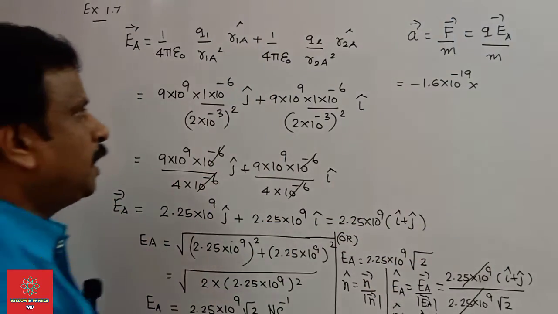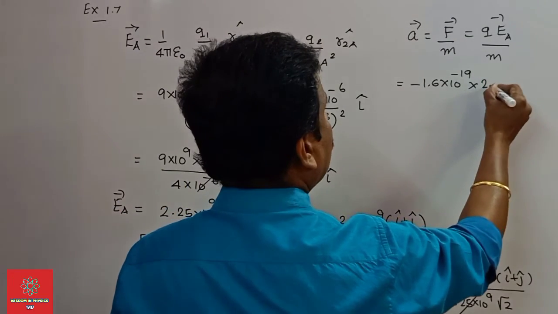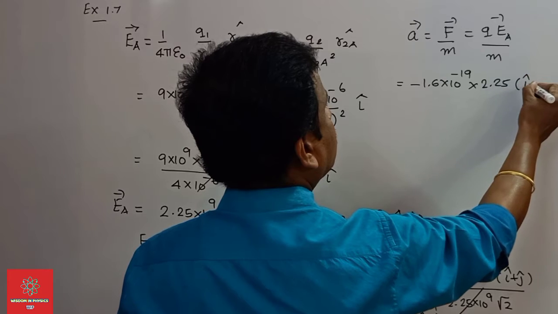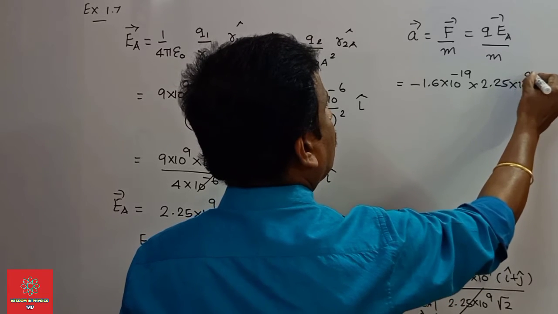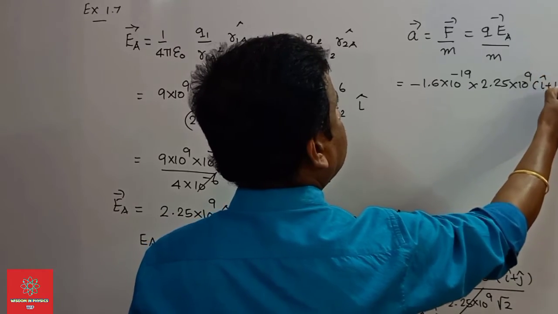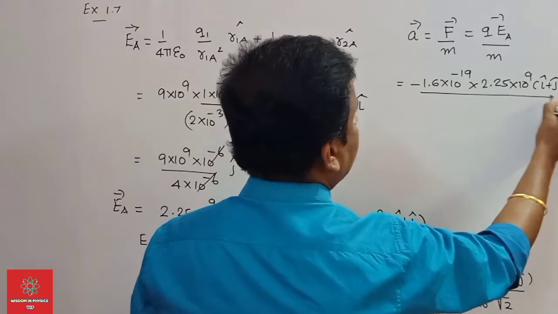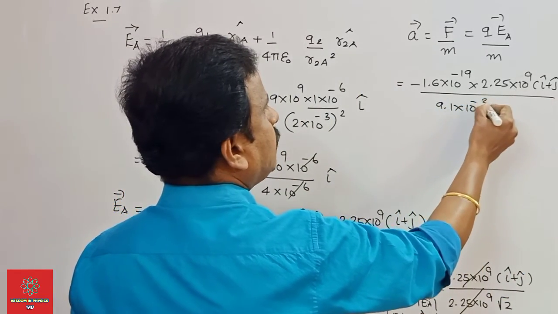into your electric field vector. What is your electric field vector? It is here, 2.25 into 10 to the power of 9 into I cap plus j cap, correct? So this is your electric field, which is divided by the mass of the electron, 9.1 into 10 to the power of minus 31.